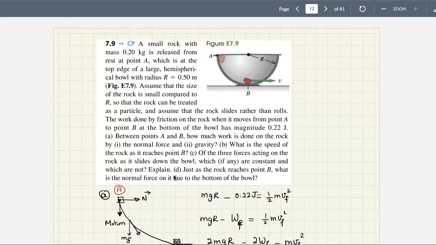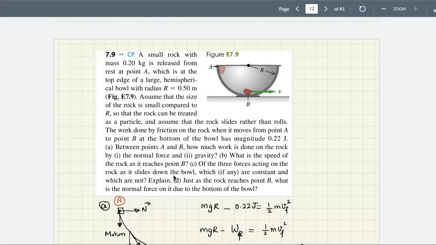Now, let's work with this problem here. I have a small rock with mass 0.20 kilogram released from rest at point A, at the top edge of a large spherical ball with radius 0.5.